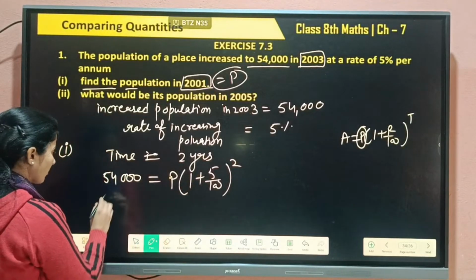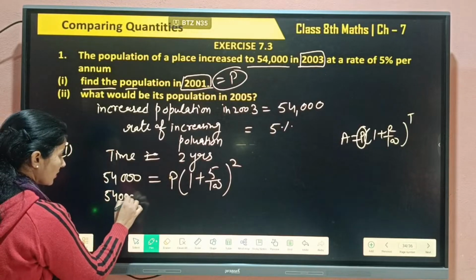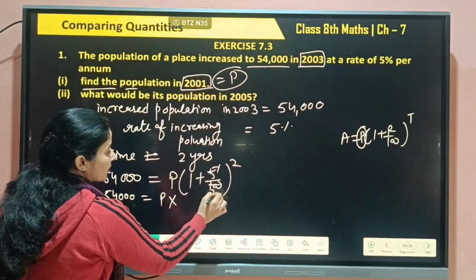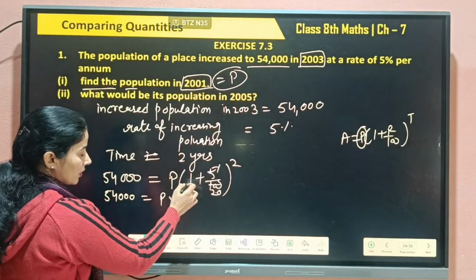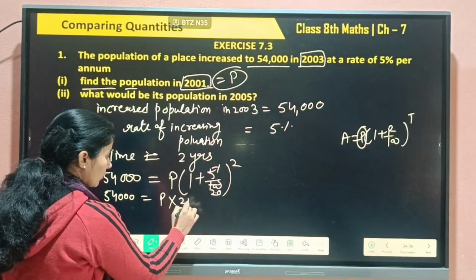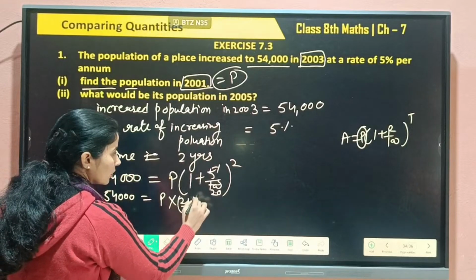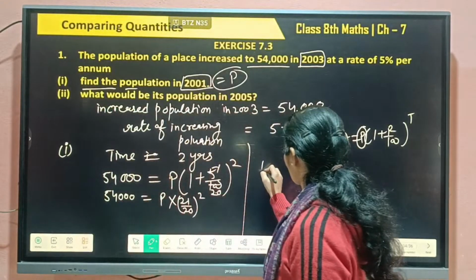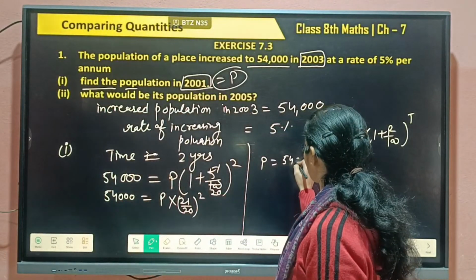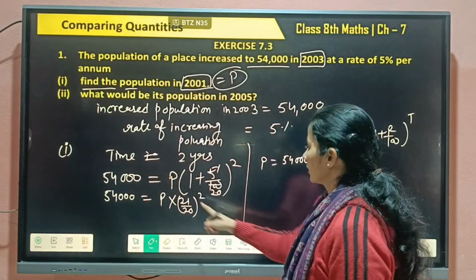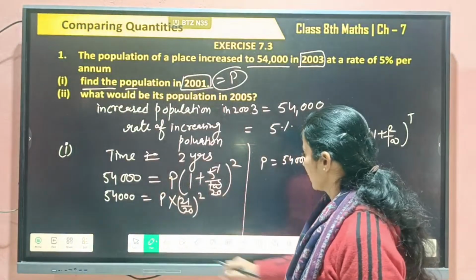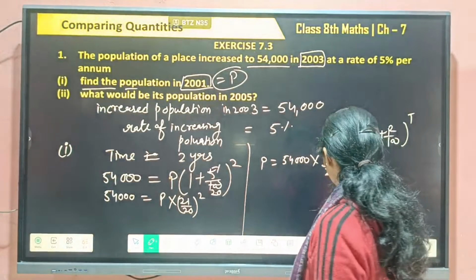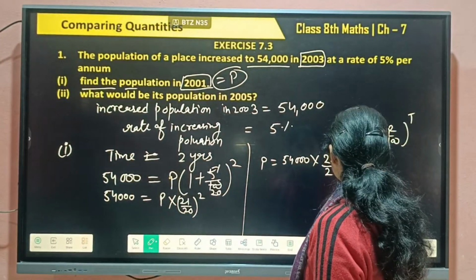Now we need to simplify. 54,000 is equal to P into, this will be cancelled, 20 ones are 20 plus 1, 21 by 20, and it is 2 times. So you can write P equals 54,000 into 21 by 20, then it will be the reciprocal, 20 by 21, 2 times.